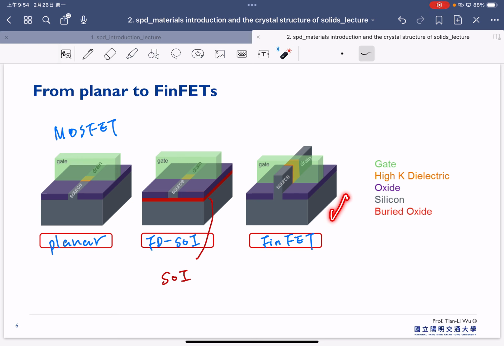And no matter which kind of structure, the oxide is always very crucial in MOSFET technology, because we need a very stable dielectric that allows us to better control our device, but also to have low leakage current, which is good for reliability issues.